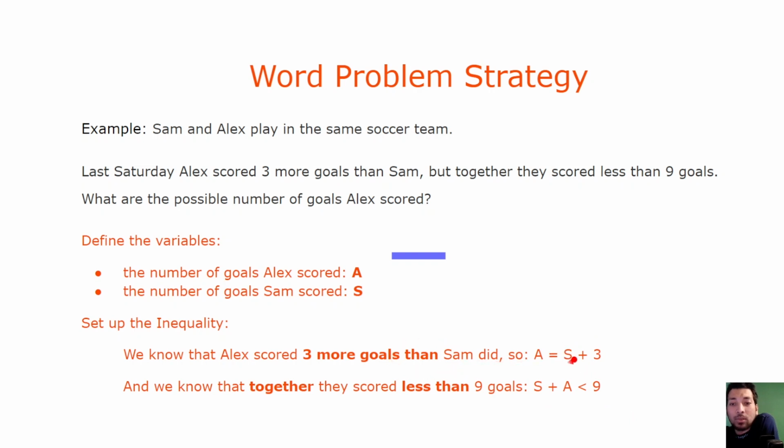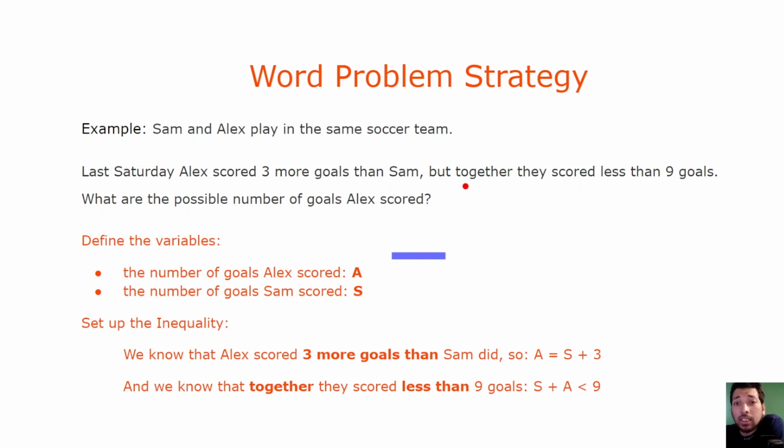So A equals S plus 3. It means Alex has scored 3 more goals than Sam. You can think logically that if Sam scored 10 goals, then Alex should score 13 goals, because Alex scored 3 more goals than Sam. So this equation satisfies this condition.